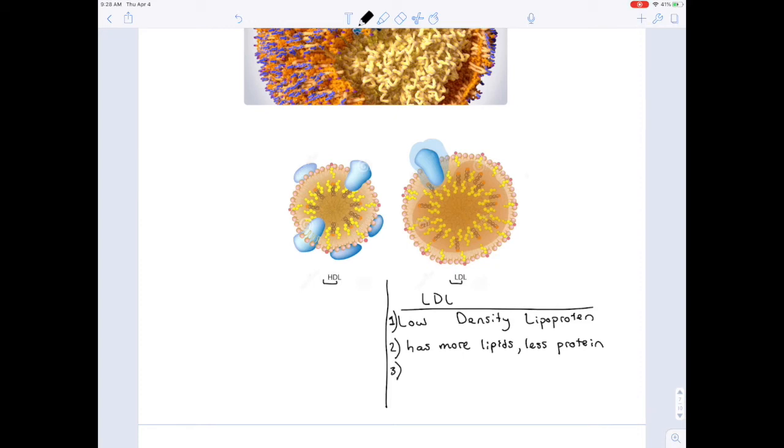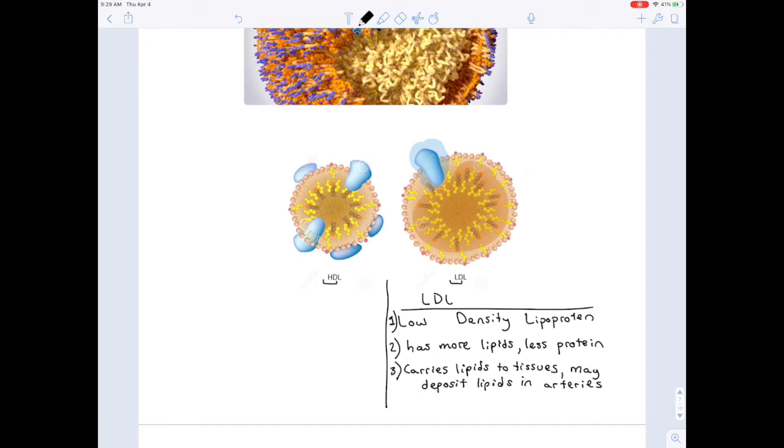Then you want to know the role of this. Low-density lipoprotein carries lipids to tissues. Now, if the tissues don't need the lipids, instead of bringing it into the cells, these low-density lipoproteins could deposit lipids on your artery walls.